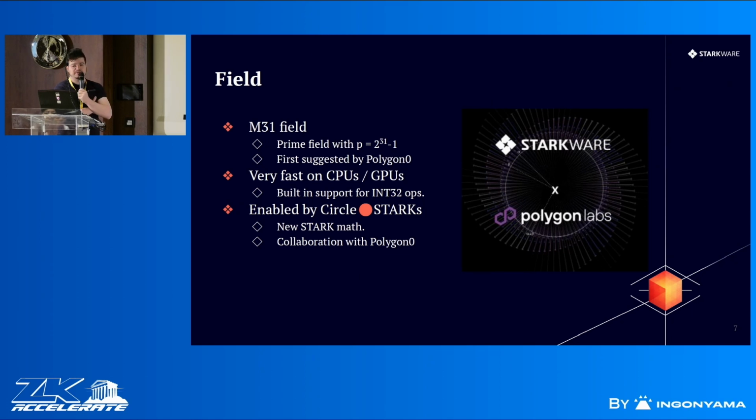And we thought it was very nice, especially on CPUs and GPUs, because all of them have native support for Int32 operations, so you can do a lot of nice tricks on them. The problem was that M31 wasn't Stark compatible. That's why we invented, again along with Polygon Zero, the Circle Starks, which let us use it and get a very fast prover.